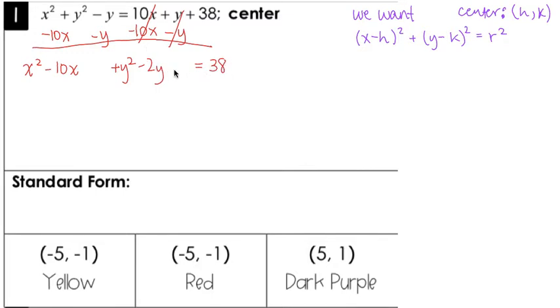So I left this gap because I need to add some numbers to both sides in order for this to become perfect squares. So what should I add to both sides to get that? Well, I need to think of what number I need in order to make this a perfect square trinomial.